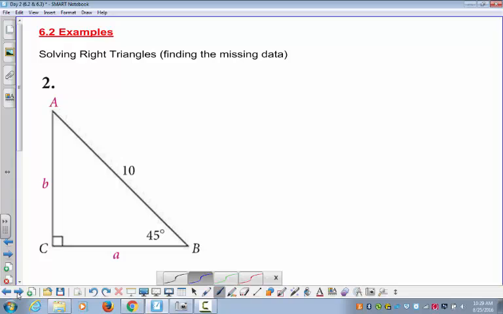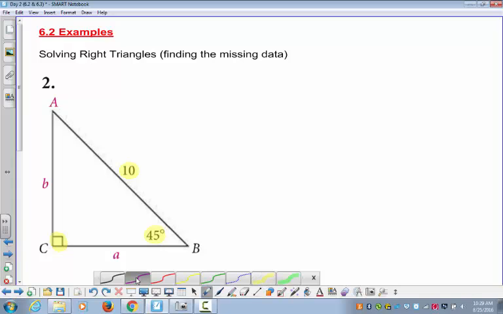In order to solve the triangle, we need 3 pieces given to us. So with this particular triangle, the 3 pieces they've given us: the hypotenuse, the right angle, of course, if it's a right triangle, and they've given us that. So those are the 3 pieces that we've been given. We need to find the other 3 pieces.